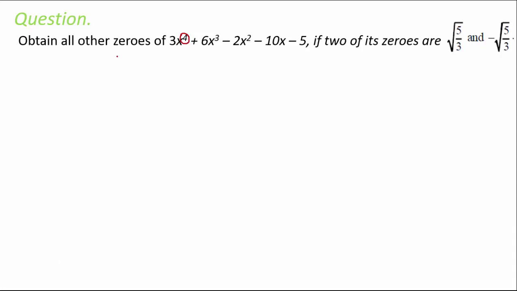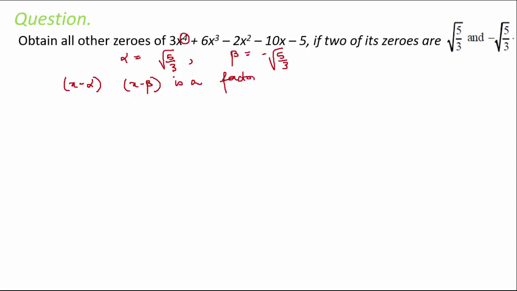So in this case, alpha is given as root over 5 by 3, beta is given as minus root over 5 by 3. Right? So we can say that x minus alpha and x minus beta, x minus alpha into x minus beta, is a factor of the given polynomial f(x).